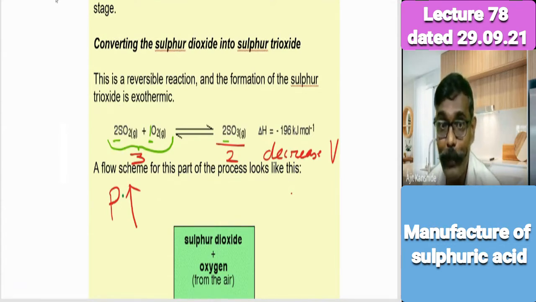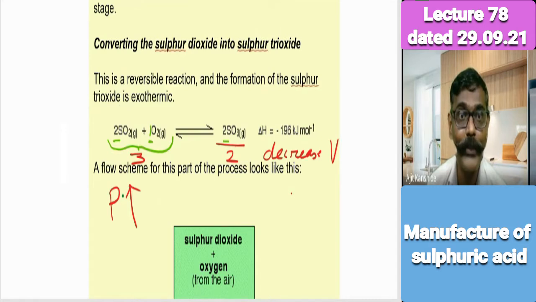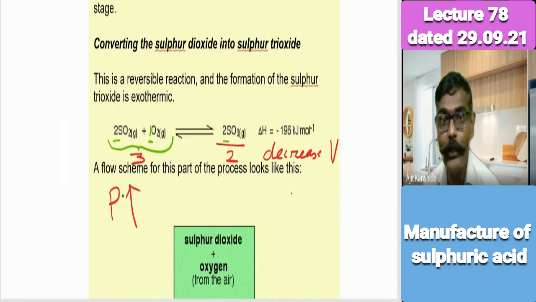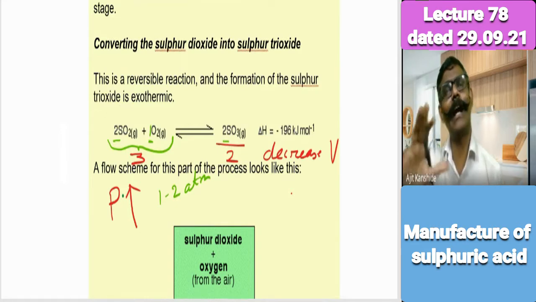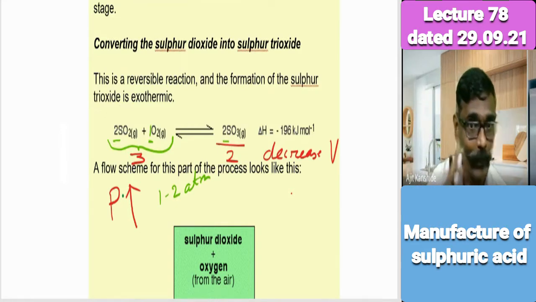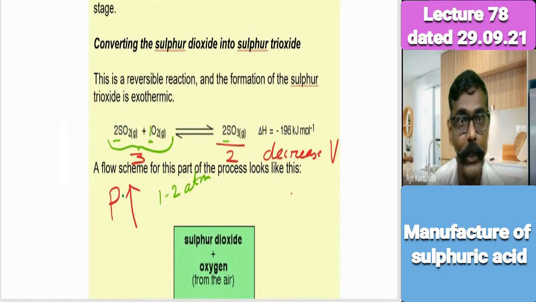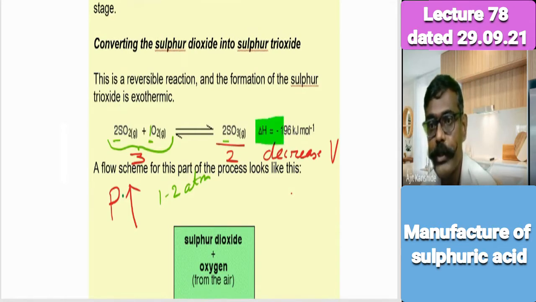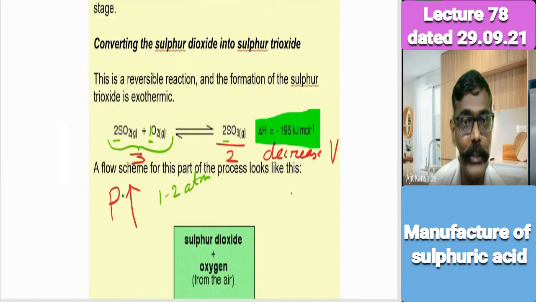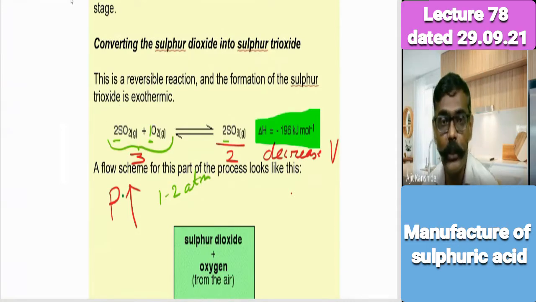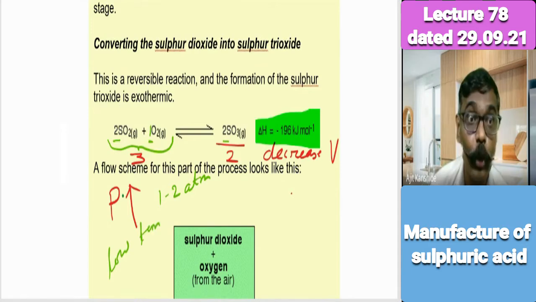But which high pressure are we choosing? 1 to 2 atmospheres is sufficient. It is sufficiently high for this reaction. Second point: the delta H value is negative. It means this reaction is exothermic. If a reaction is exothermic, then it should be performed at low temperature.